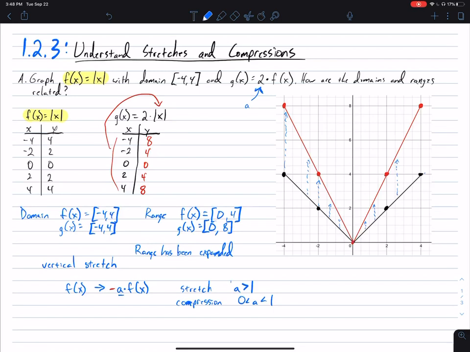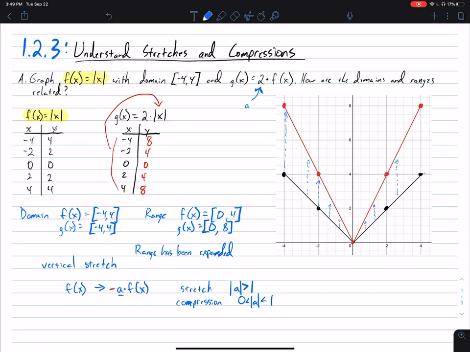Sometimes you'll see people say the stretch is the absolute value of a. That way, in case you look at that negative, you eliminate it. So without too much confusion, and I know this kind of seems like a lot, when you're looking at vertical stretch and vertical compression, the number outside of that function, that 2 in this case, that a value, it'll be a stretch when that a value is greater than 1, and it's a compression when a is between 0 and 1.